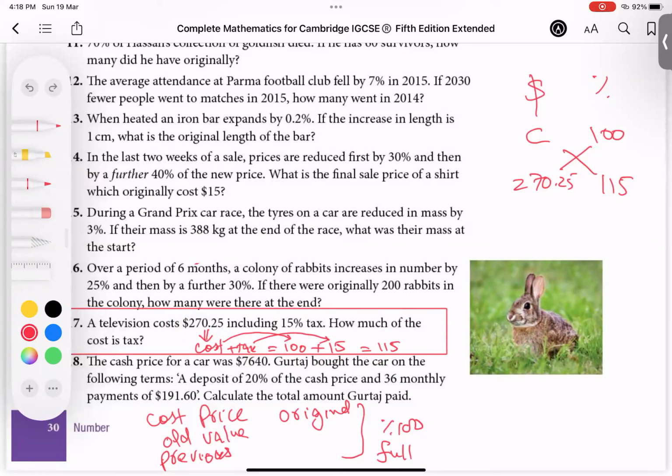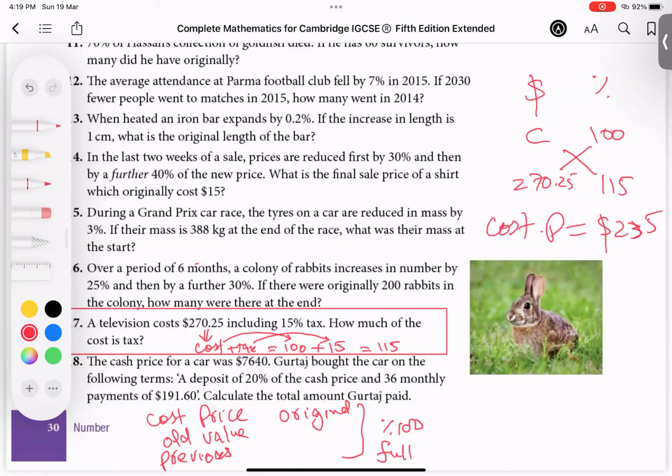The question is clear, and it is just a matter of typing in the calculator and cross multiplying. So 270.25 times 100 and divided by 115 will give us the original value, or cost price, which becomes $235. So I believe the point is very clear.